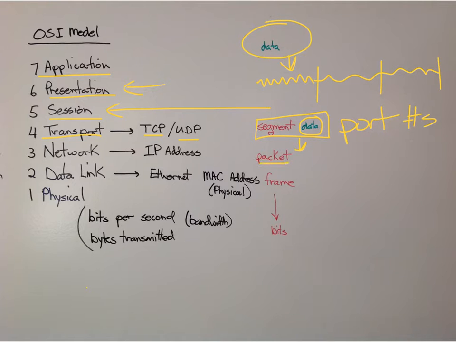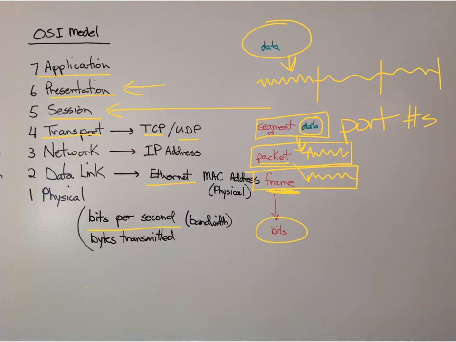Then we add the IP addressing, so then we call it a packet. We take the packet, put all of this information in here, and add the MAC addresses, if it's Ethernet, and then we call it a frame, and then the bits are put on the medium.